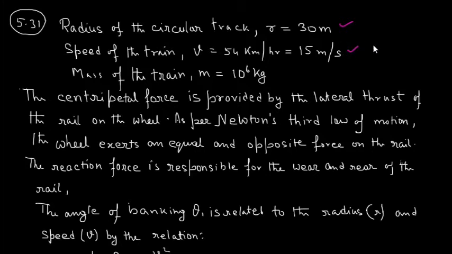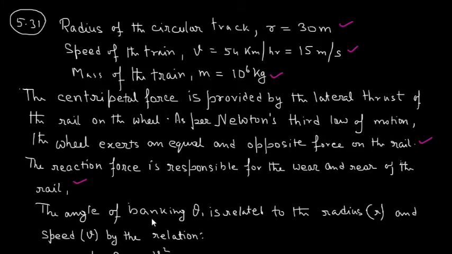Mass of the train m is equal to 10 to the power 6 kg. The centripetal force is provided by the lateral thrust of the rail on the wheel. As per Newton's third law of motion, the wheel exerts an equal and opposite force on the rail. The reaction force is responsible for the wear and tear of the rail.